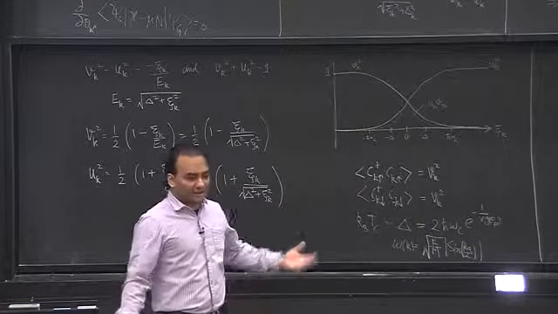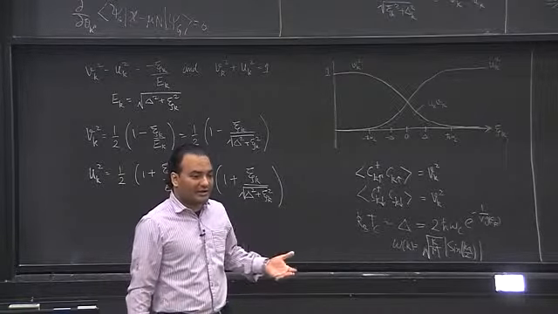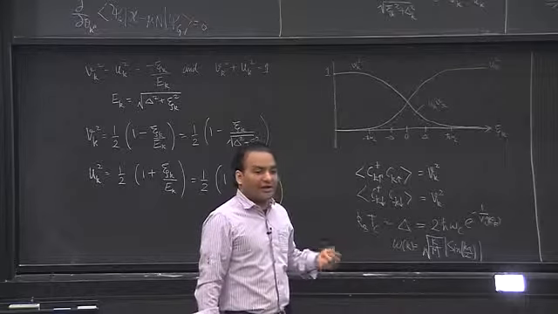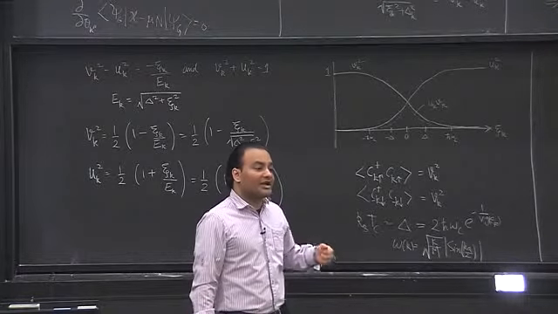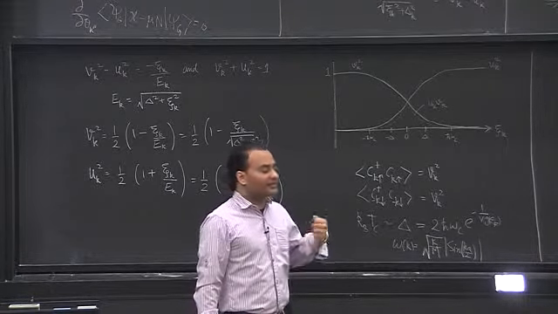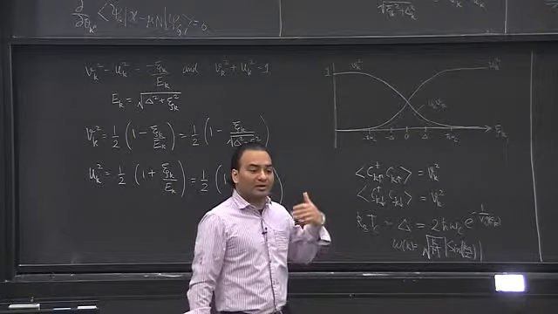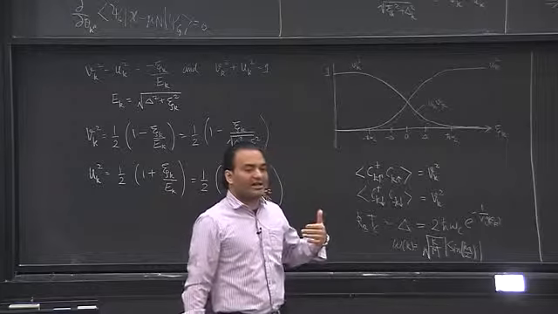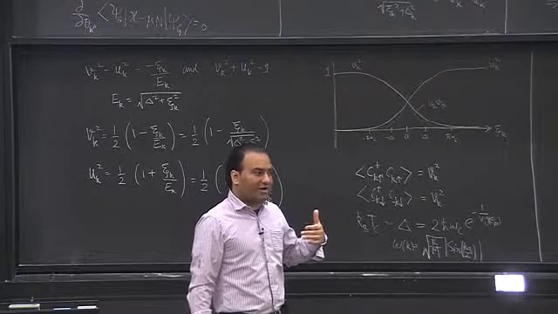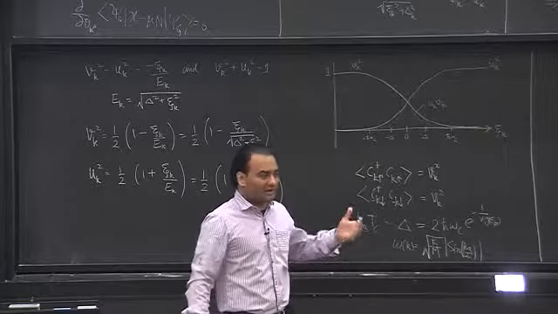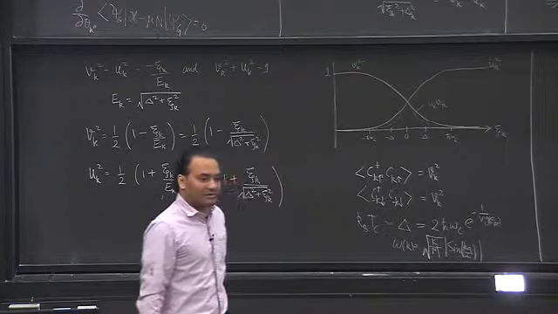But this is again just a hint. As it is with mean field theory, or with phase transitions, it's not always straightforward to think about what the order parameter really is. So you can think of it as a hint, or you can try this guess. If it works, great. If not, then we'll find some other order parameter.